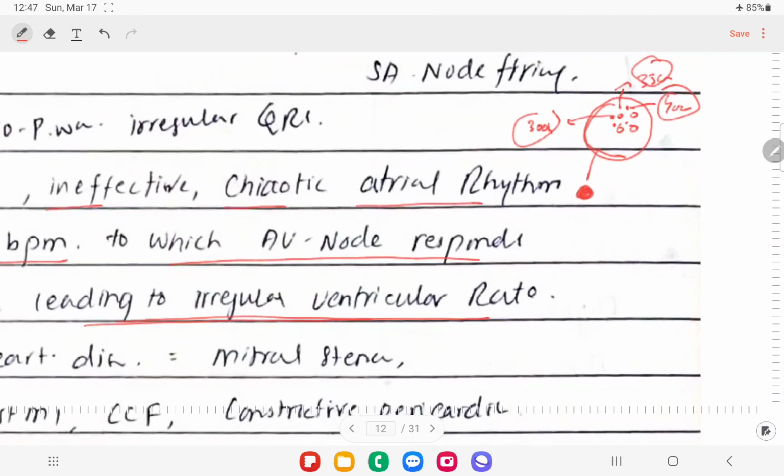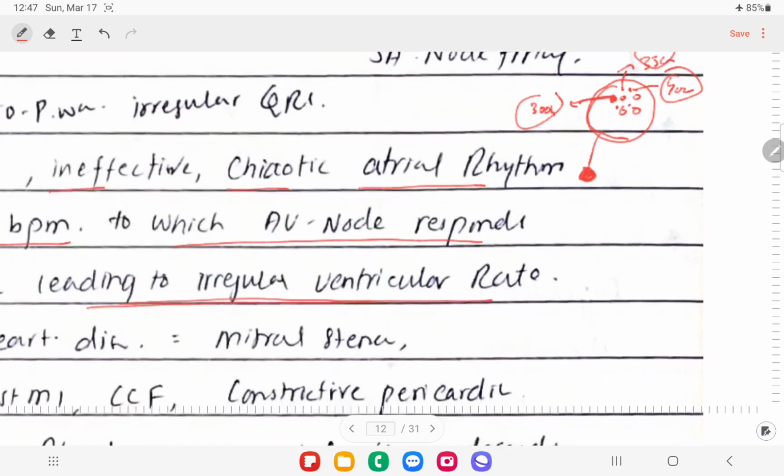Say this ectopic focus was firing, and the AV node was able to block some of the impulses, and say the AV nodal block was 2:1. If the block is 2:1, the rate will be 150. If the focus fires at 400 and the AV block is again 2:1, the rate will be 200.